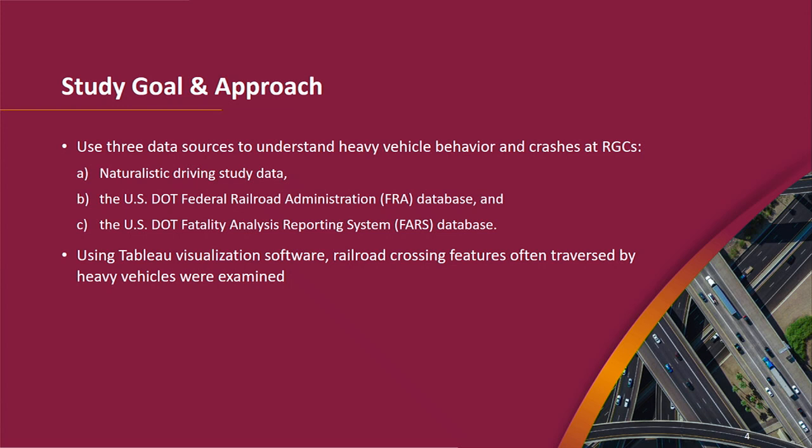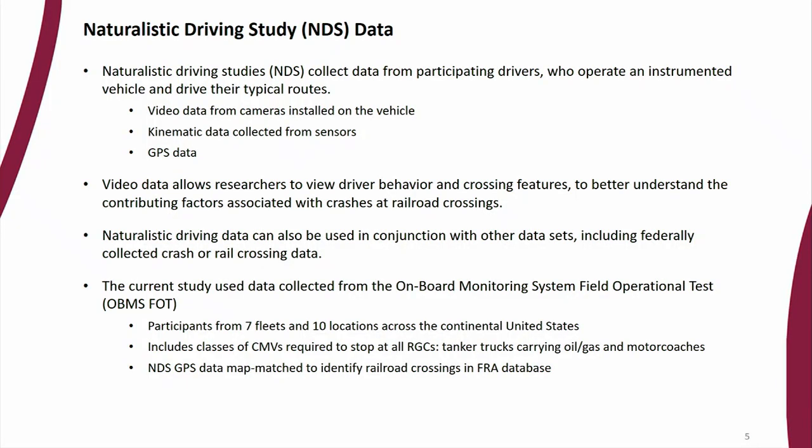So using visualization techniques and GIS, we tried to examine and explore what kind of crossing features there are where heavy vehicles most often traverse. So I'll just hand over to my colleague Susan to go over the naturalistic driving portion of the study.